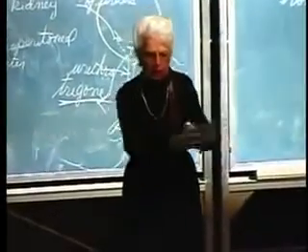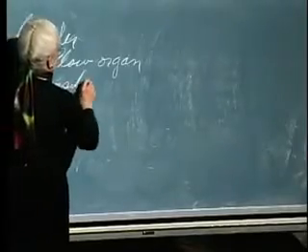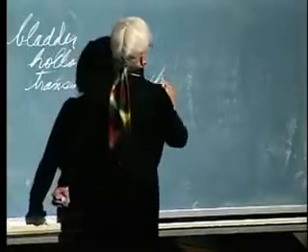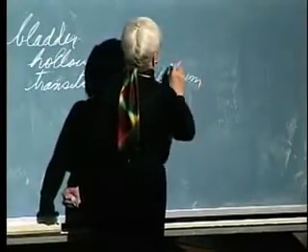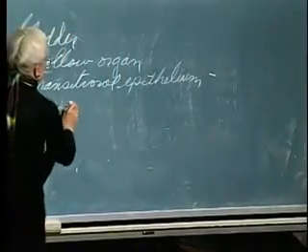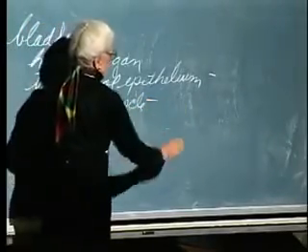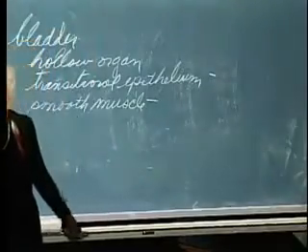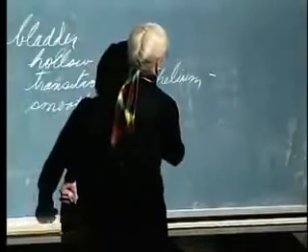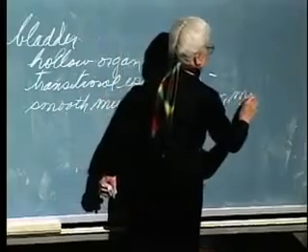Epithelium has to be adaptable, so it has transitional epithelium. And then lots of smooth muscle. They call the smooth muscle of the bladder the detrusor muscle. You'll see that term, detrusor muscle.